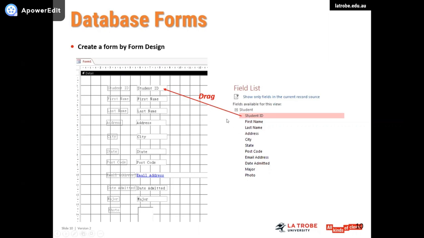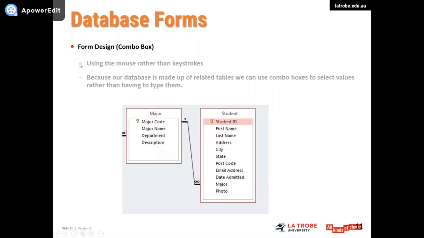So then let's talk about how to design your form with a combo box. So why is the combo box important? Because using this combo box, you just need to use the mouse rather than keystrokes. You can just select the item from the list.